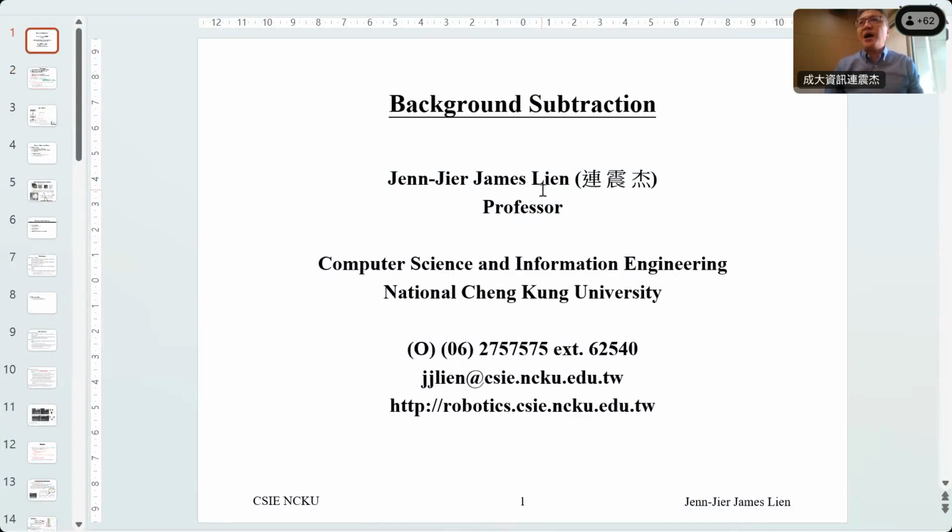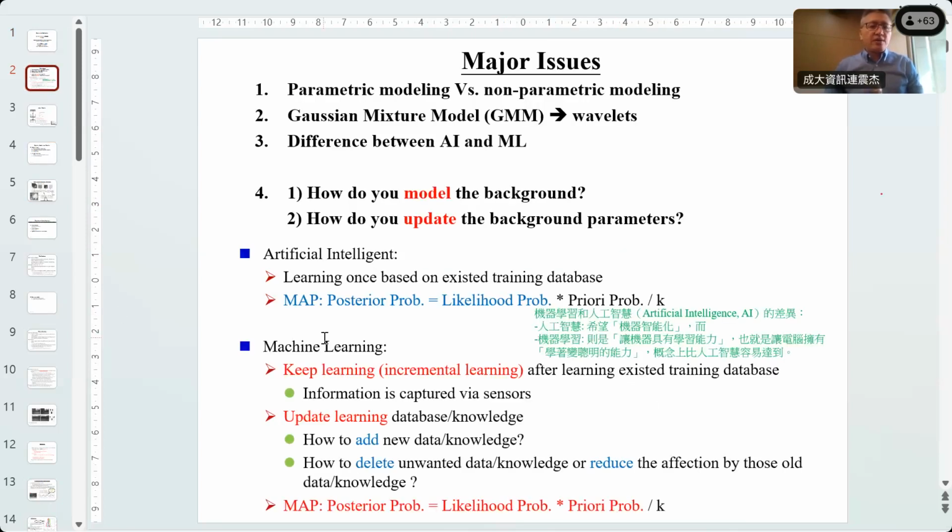This way, behind each lecture, I will teach you some technology, and I just use one example to explain it to you. So this one is a mixture of Gaussian model, and I use background subtraction to teach you instead. So this already tells you. So we'll continue.